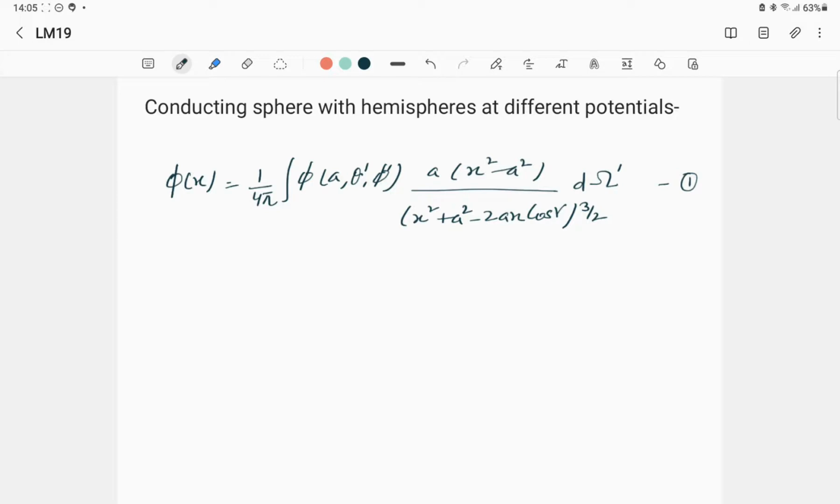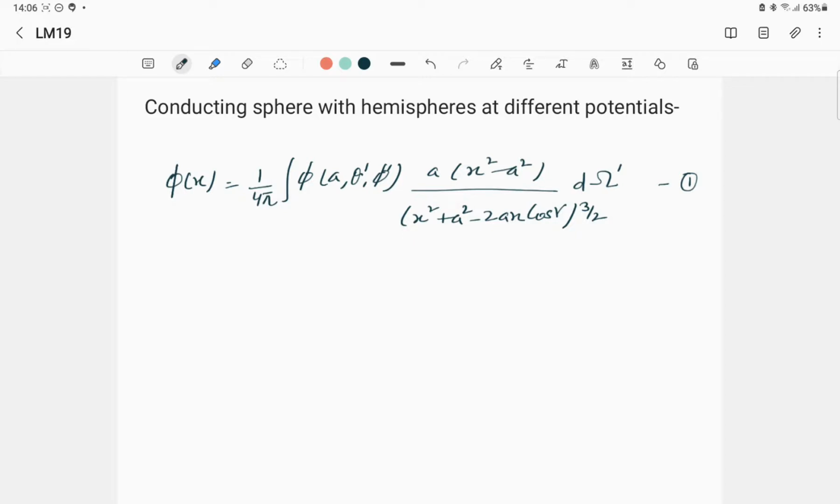So in the last video in LM-18, we found that the potential phi of x is equal to 1 over 4 pi integration phi a theta dash phi dash, a into x square minus a square divided by x square plus a square minus twice ax cos gamma raised to power 3 by 2 d omega dash.